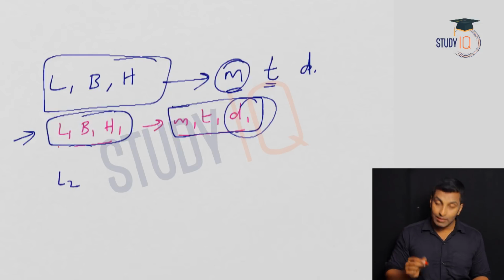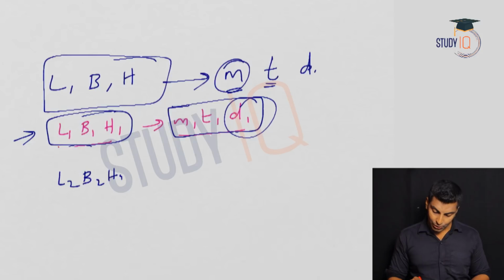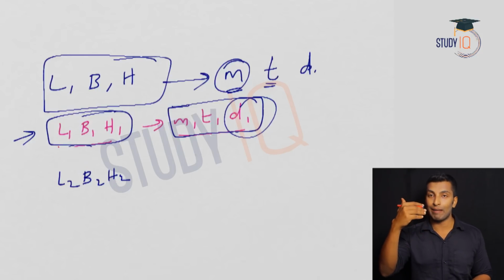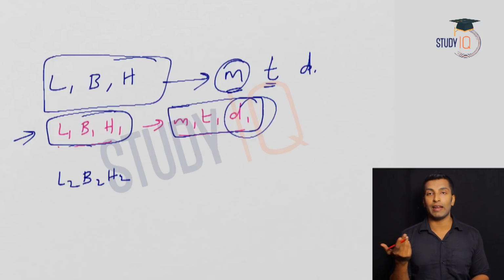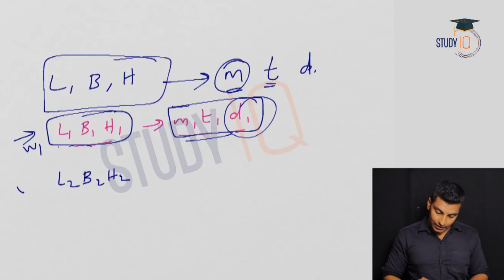So you can mark it as work 2, that is L2, B2, H2. Length, breadth, anything can be the same also, not a problem. But if any of these 3 varies, obviously that can be considered a different work. If all 3 are the same, it remains L1, B1, H1, and this part will also remain the same. But if any one varies, then the other part will also vary, and based on that you will get the question. Now this is work 1, this is work 2.